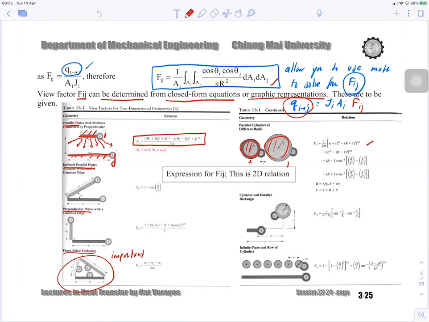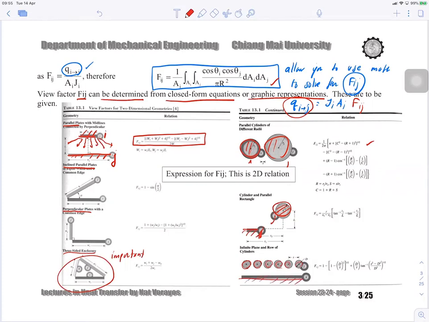Cylinder and parallel rectangle. This is the plate, we call it I, and this is J, the cylinder. And we have a row of cylinders, cylinders 1, 2, 3, 4, 5, 6, and the parallel plate.